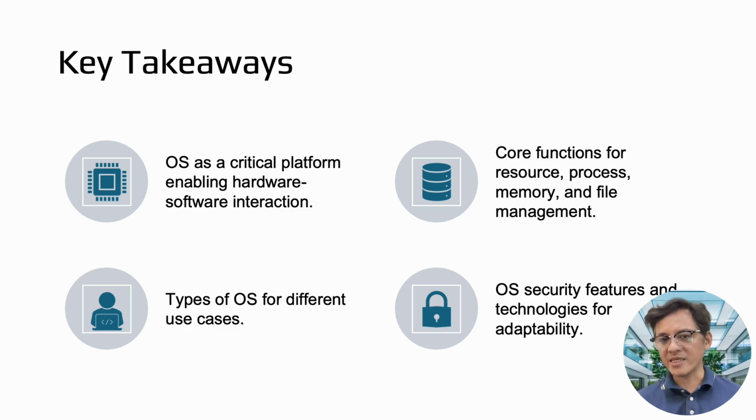Different types of operating systems cater to unique use cases, from personal computing to cloud-based services. 4. Security is a cornerstone of any OS, providing features like authentication, encryption, and access control. Finally, technologies like virtualization and containerization demonstrate the adaptability of operating systems in today's IT environments.